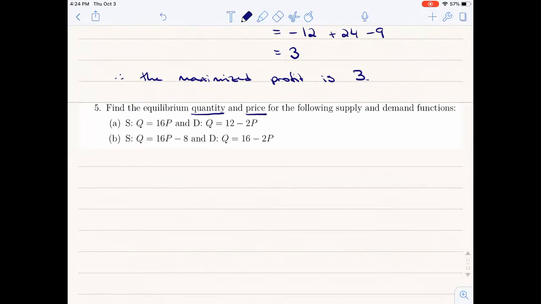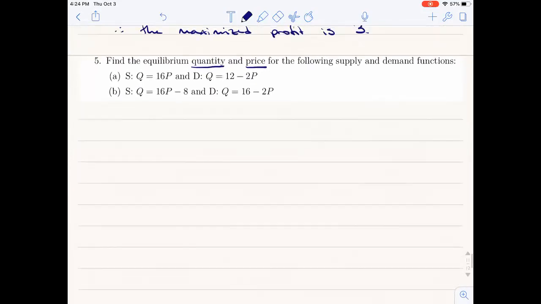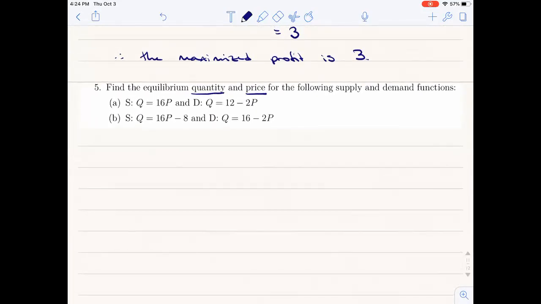So you want to solve for both Q and P, but this is just solving a system of equations, just like we were doing when we were finding the points of intersection, right? But in fact, this one's even easier because they're just Q equals this, Q equals this. So we've got these equations for our supply and our demand curve, and we're finding the equilibrium price and quantity.